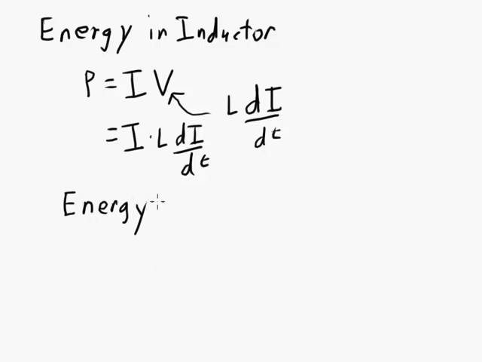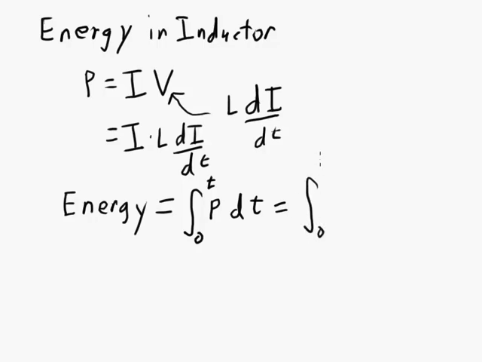But in general, it's going to be equal to the integral over time from time 0 up to some time of the power. So the power may be constant, it may be a changing thing. And in our case, it's definitely a changing thing, so we have some changing current there.